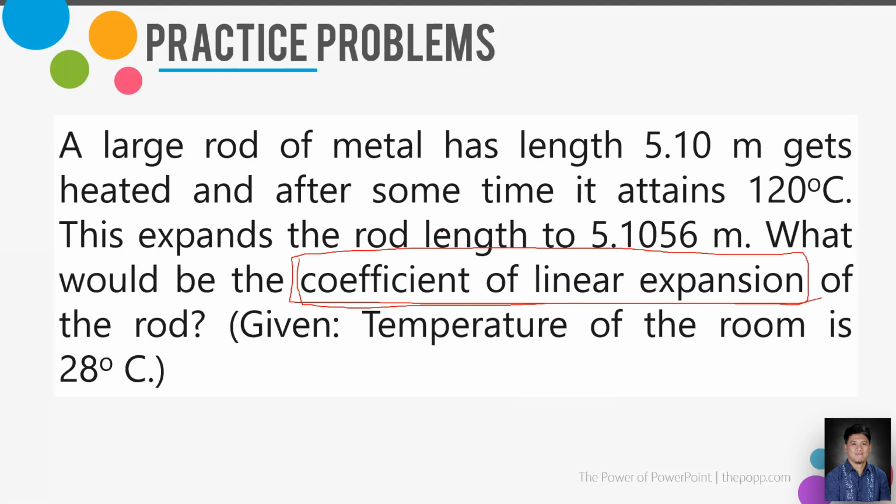Our given, we have the initial length, which is 5.10 meters, that is L sub O. We also have the temperature, which is 120 degrees Celsius. Ito yung temperature niya after it was being heated. So therefore, since it is after, it is the final temperature.